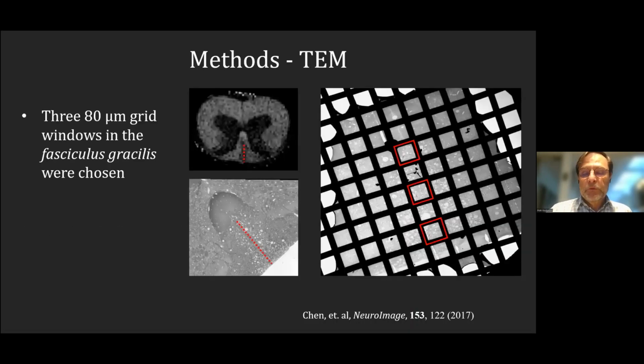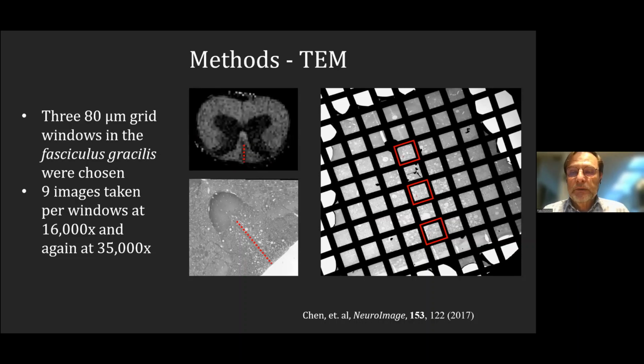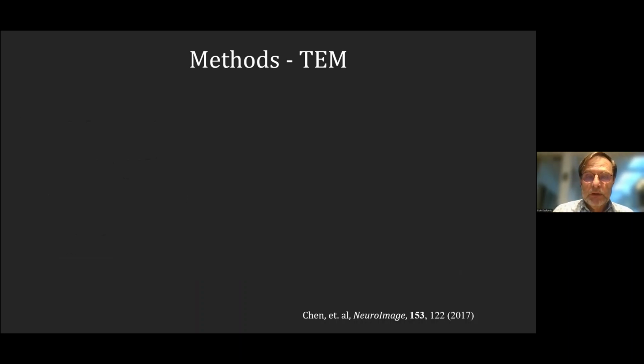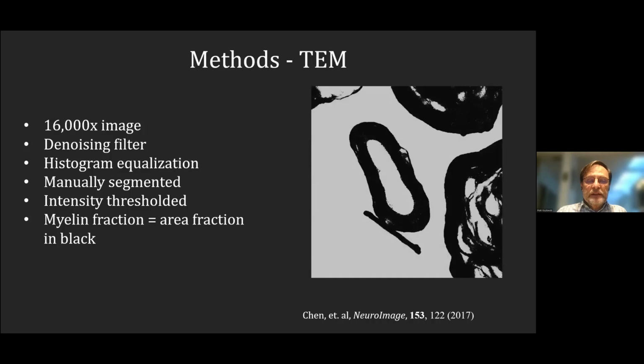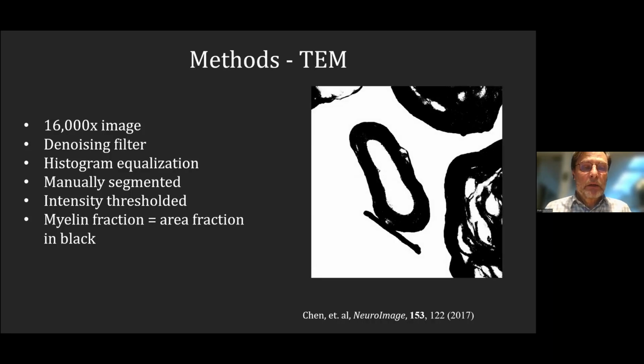And similarly, for the electron microscopy, we selected 3 pixels, an 80 microns by 80 microns grid, from the fasciculus gracilis. And we took electron microscopy images at 16,000 and 35,000 magnification. For the 16,000 magnification images, we were trying to estimate the fractional amount of myelin seen here.